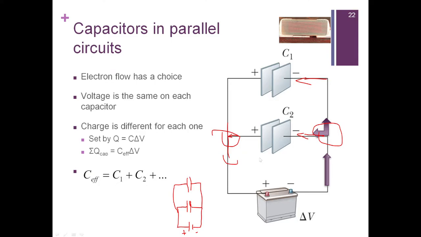Capacitors in parallel, to find the total capacitance of the entire circuit, you actually just add the capacitors straight up linearly. Whatever C1 is and whatever C2 is, as long as they're in parallel, the total circuit capacitance is just their normal, usual sum.